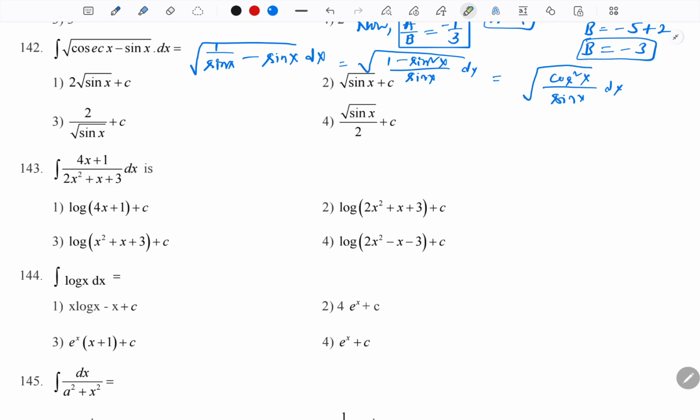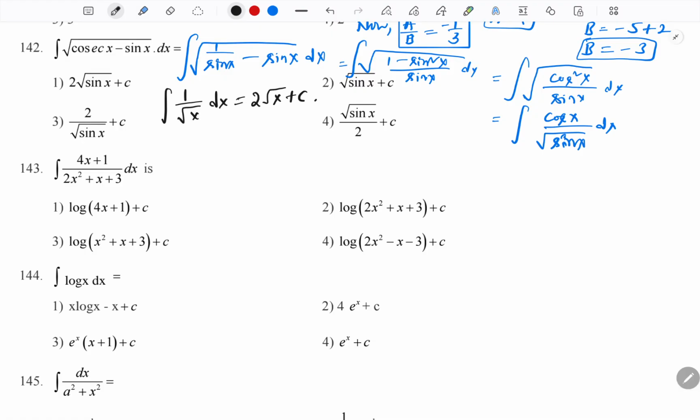The remaining part is integral cos x by root sin x dx. You know this very well, right? It's a basic formula: integral 1 by root x dx equal to 2 root x plus c, right? Now I am using the same logic here.